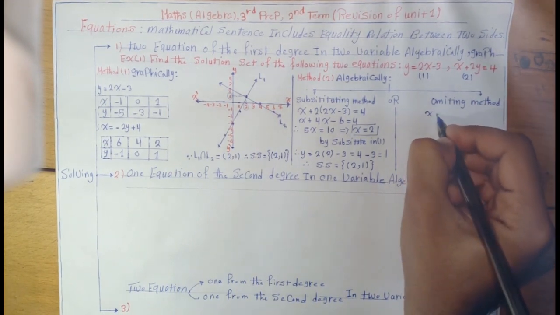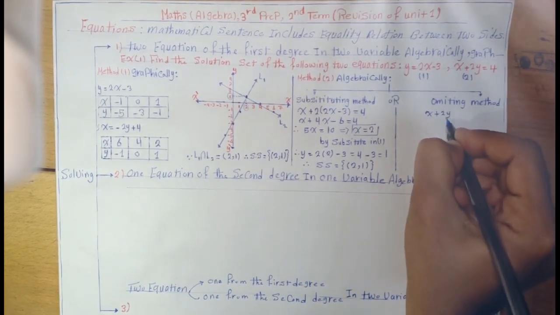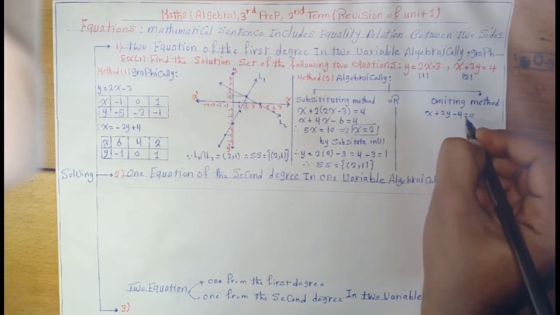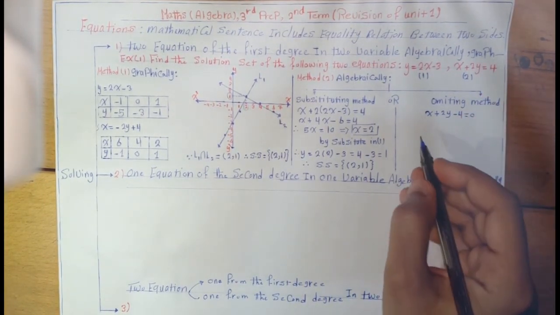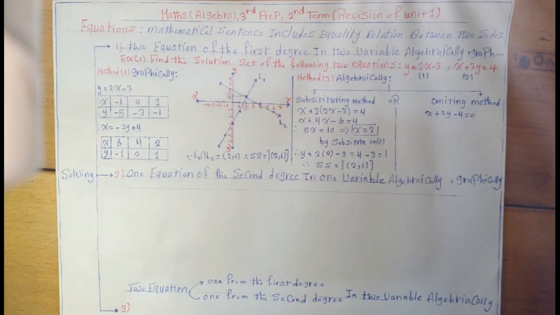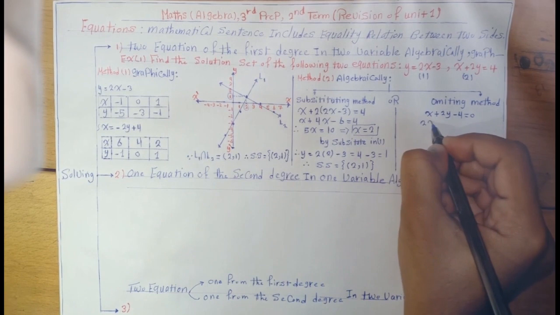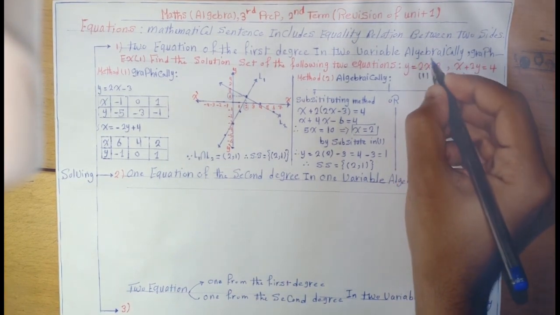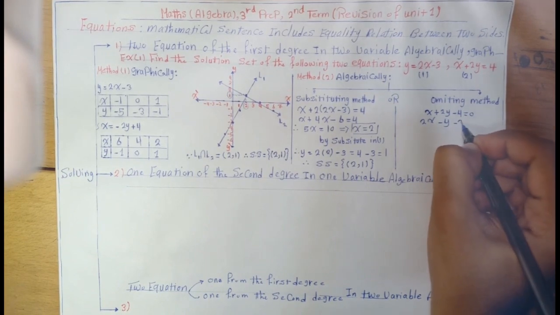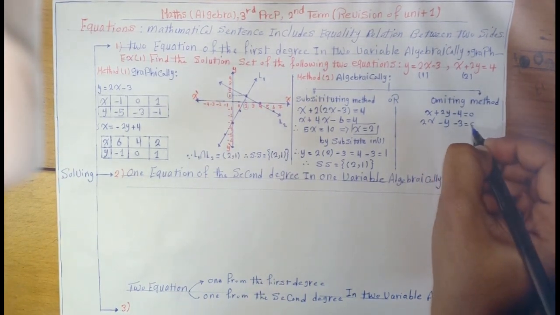x plus 2y negative 4 equals 0. And the second equation 2x negative y negative 3 equals 0.